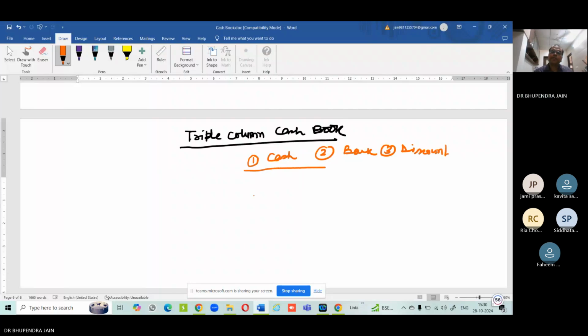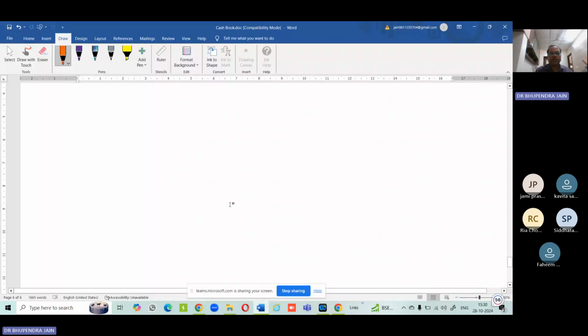Under the triple column cash book, we will record the data along with the discount. Now, how to prepare? I am writing down 2, 3, 4, 5 examples only. Then we will prepare the triple column cash book.